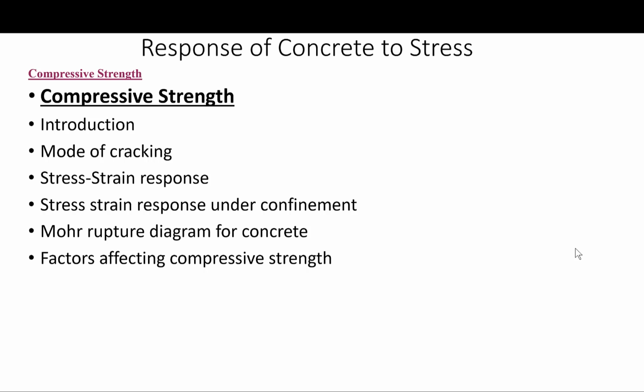An understanding of the nature of the physical response and the impact of testing conditions is useful in both interpreting the results of the compressive tests and understanding the behavior of concrete under load.